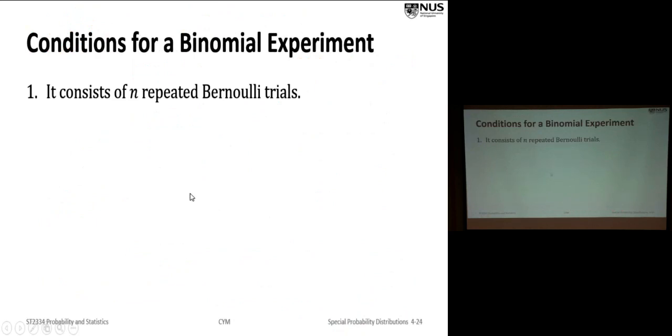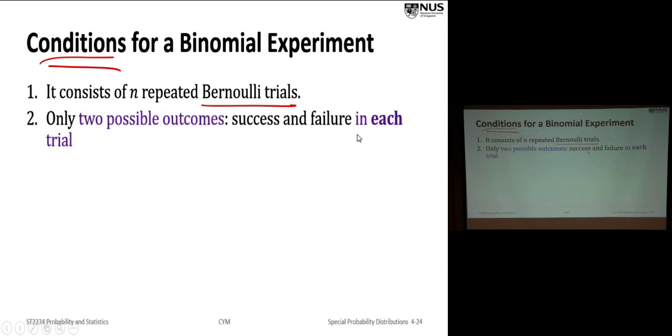So these are the conditions that you have to remember to check, or at least you understand that your problem has all this. You have n repeat binomial trials. Repeat means that the conditions are the same. So the probability of success is p, and they are independent. Only 2 outcomes for each trial. If it's more than 2 outcomes, then the problem is more complicated.